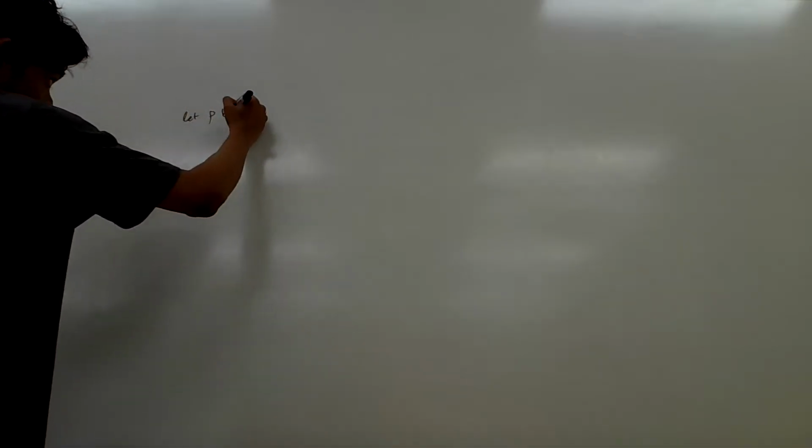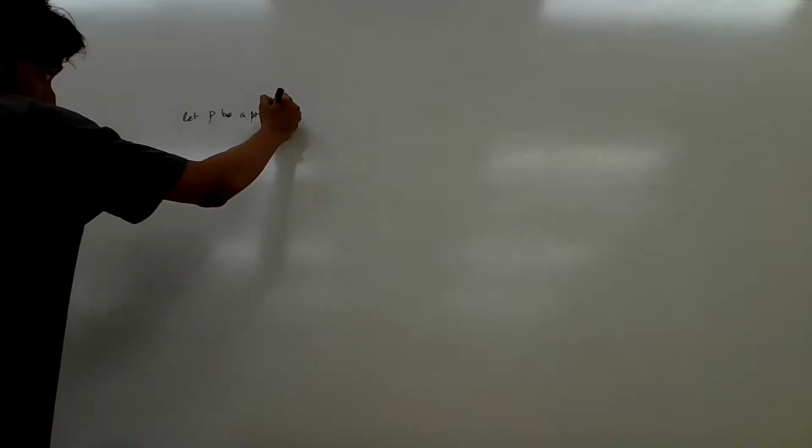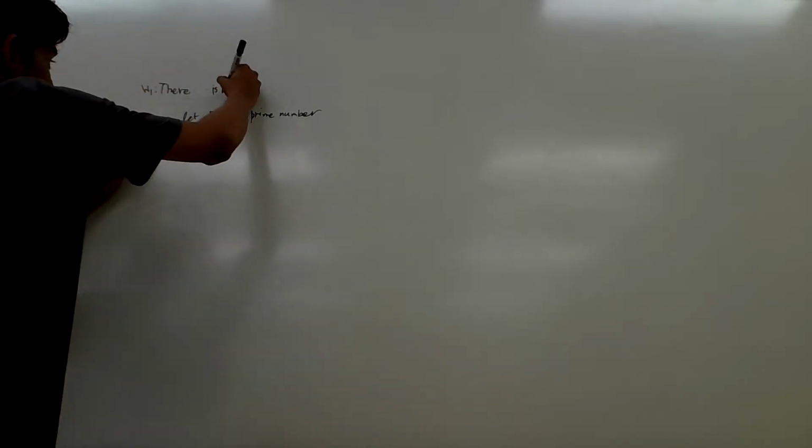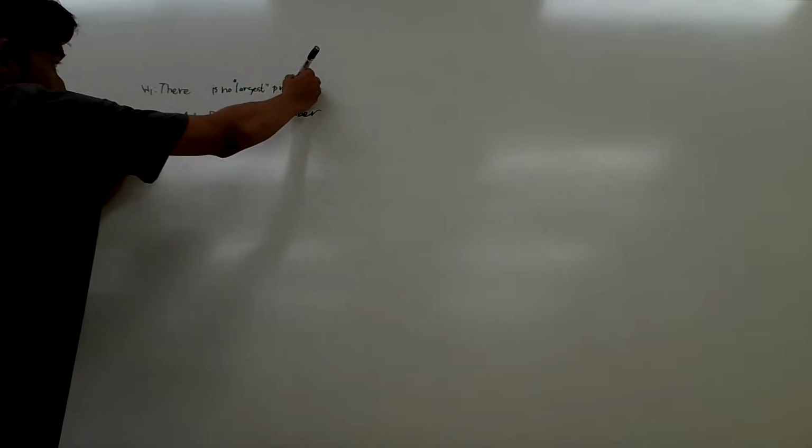I would say you start that proof by taking a prime number p. So you say let p be a prime number. Now the proof is all about this statement: there is no largest prime number.